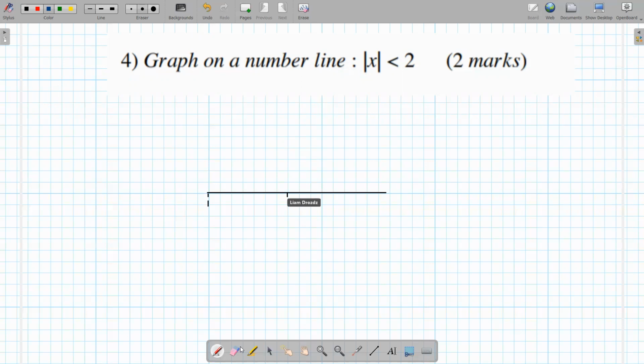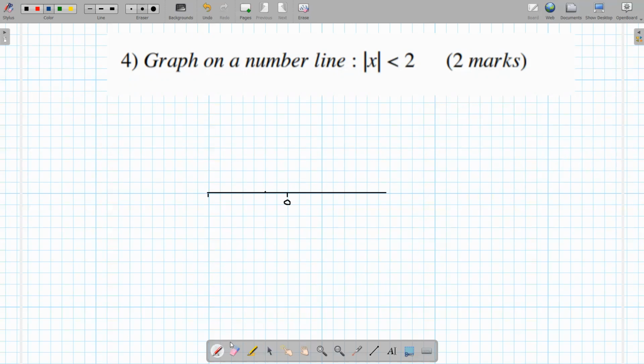Yeah, 0 in the middle, and then positive numbers to the right and negative numbers to the left. Now notice it's telling you the absolute value of x, not just x. If x was less than 2, then your answer would be this. 2 exclusive is not equals to, and this is x is less than 2, okay? But now they're saying absolute value of x is less than 2.